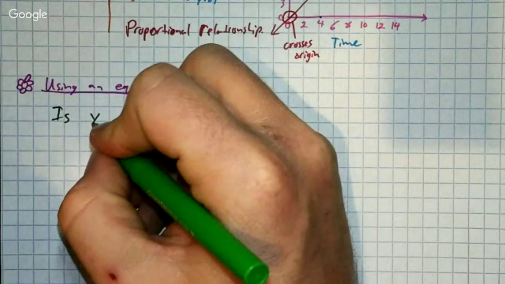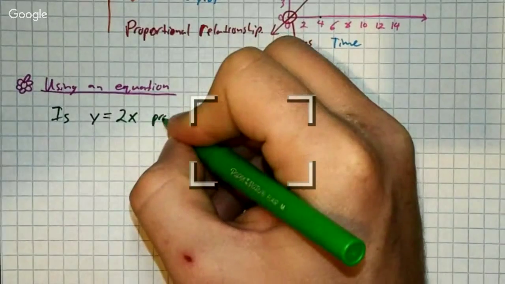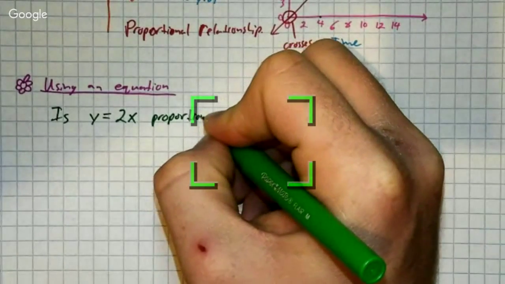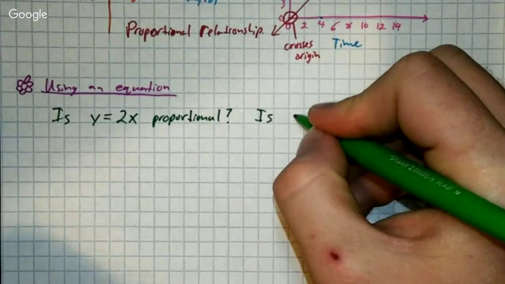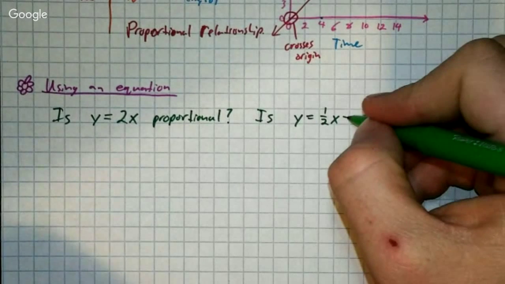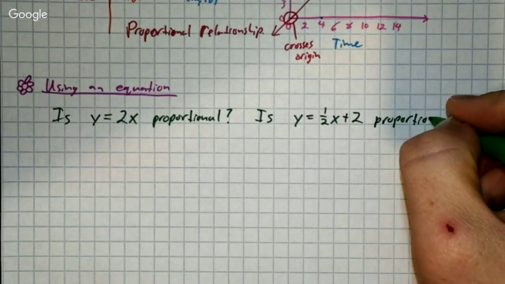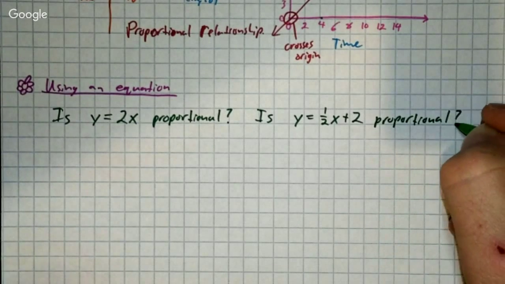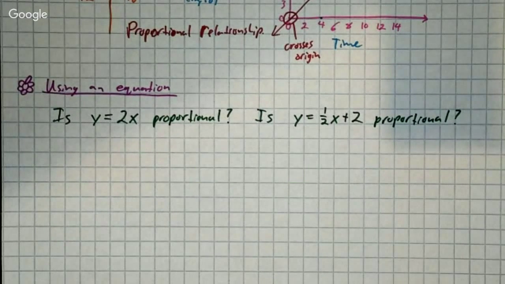Is y equals 2x proportional? And I'm also going to write down, is y equals 1/2 x plus 2 proportional? Okay, so we have two different equations that we're going to figure out if they are proportional.